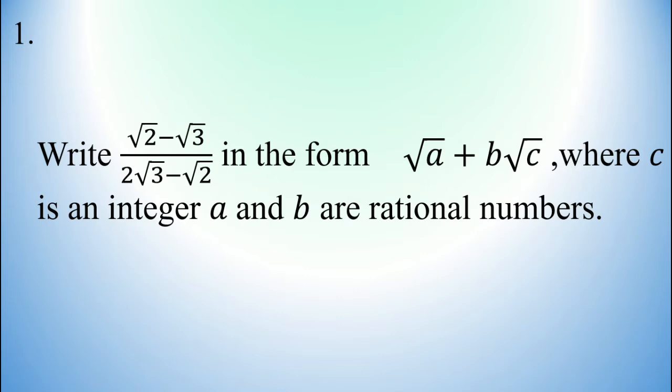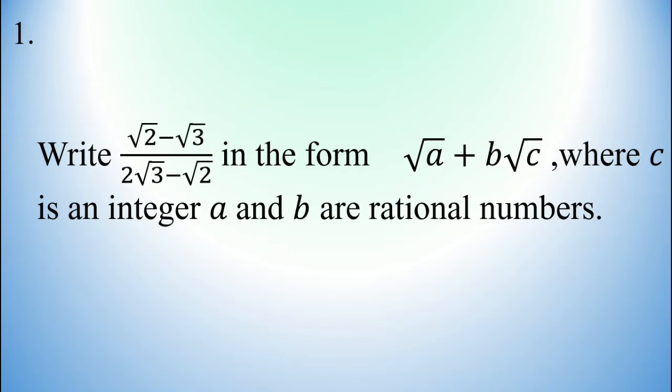You are to write the answer in the form of root a plus b root c. The very important fact here is the denominator. Therefore, the first thing you should do is to rationalize the denominator. For it, you have got to multiply by its conjugate.